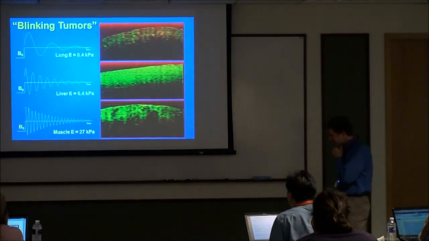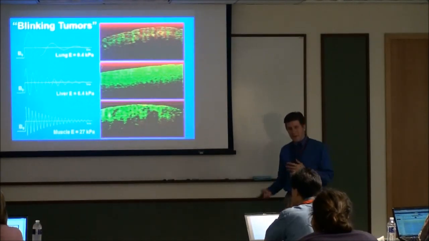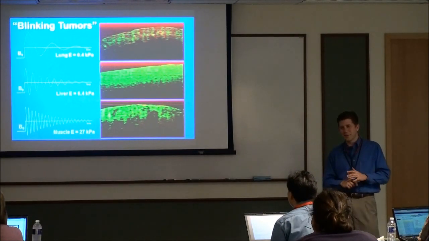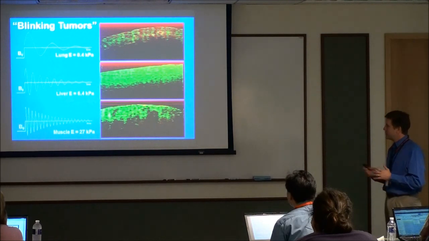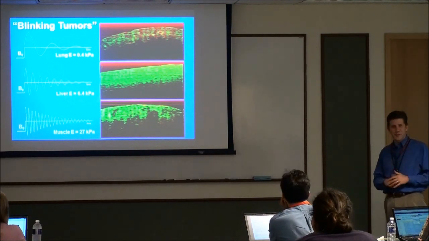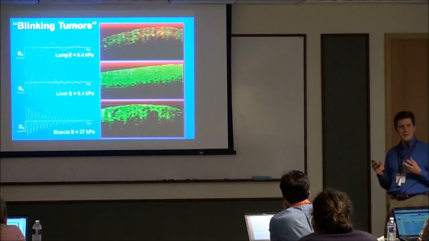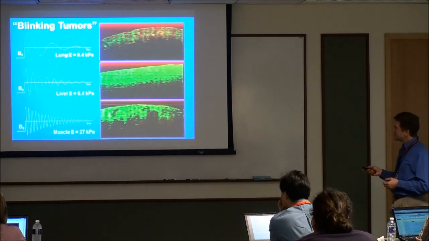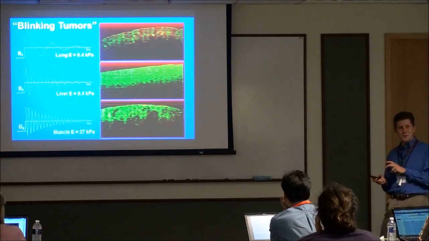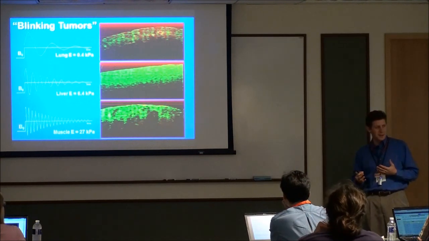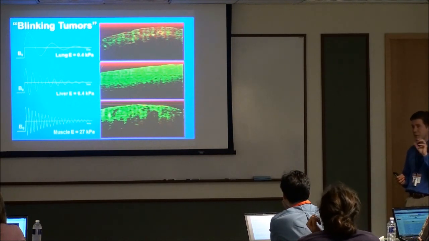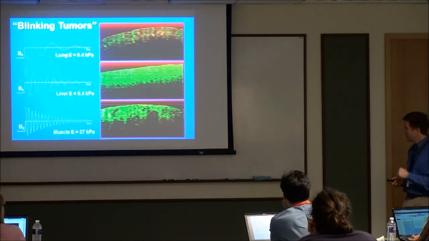Okay, I always like to pull up this slide and call these blinking tumors. There was an undergraduate in my group when we started this project, and he thought it was going to be the coolest thing to someday have images of blinking tumors, where the nanoparticles would be localized to these tumors, and as we switch the fields on and off, the areas of the tumor would essentially be flashing or blinking.